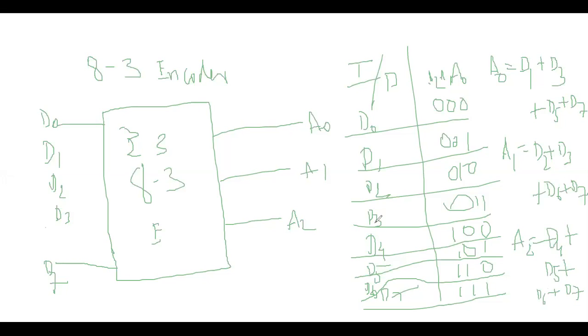Directly connect the D0 to the ground, and for the remaining, take them as the logical diagram. Let us see the D0, D1, D2, D3, D4, D5, D6, D7.